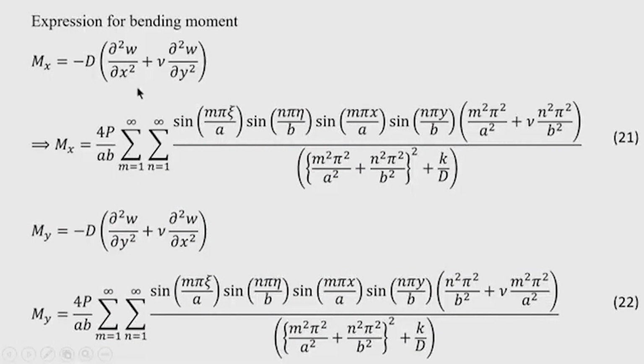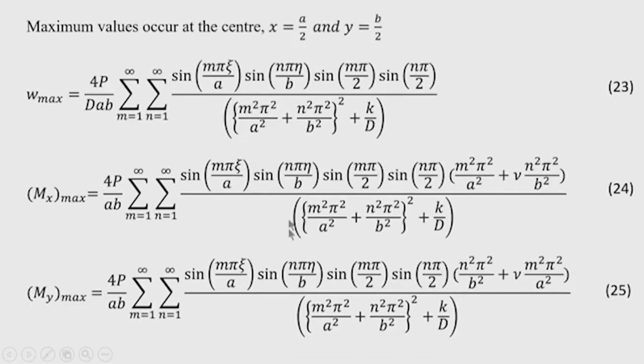Okay. So, as Mx is determined, My is also determined, and you can see the difference here. That is, the curvature is interchanged here only and others are the same, and you can see the maximum bending moment occurs at the center, that is obvious.